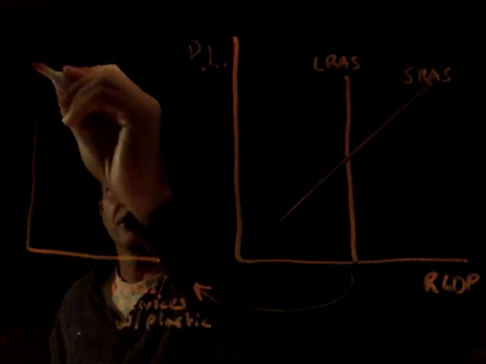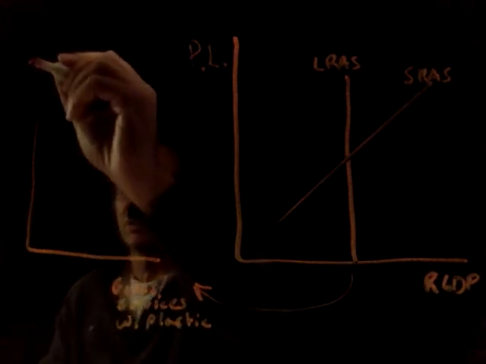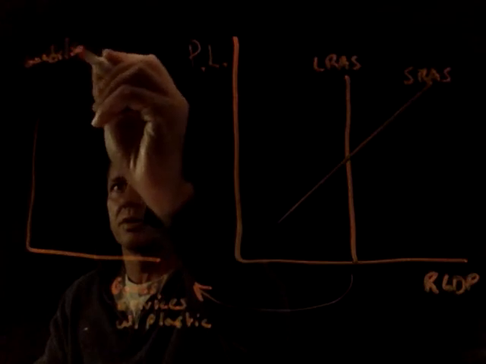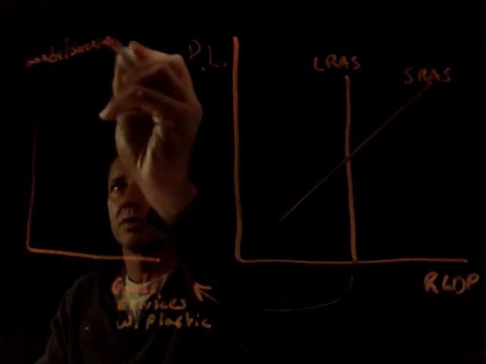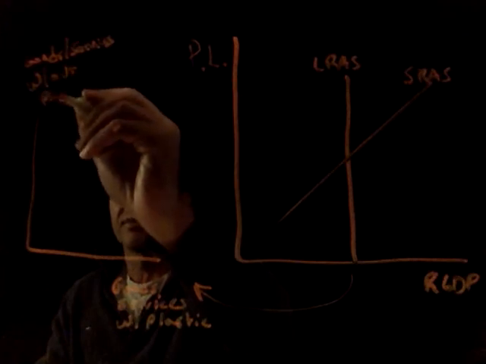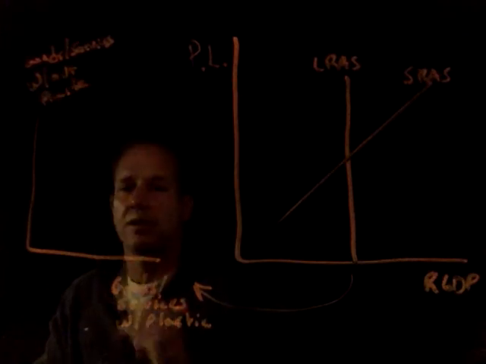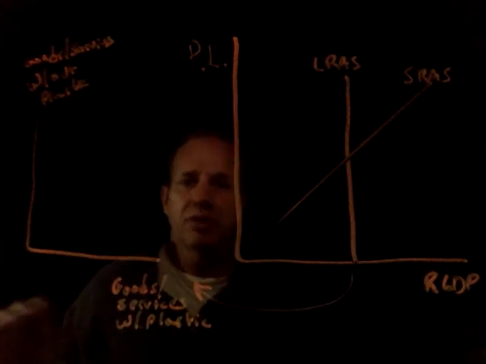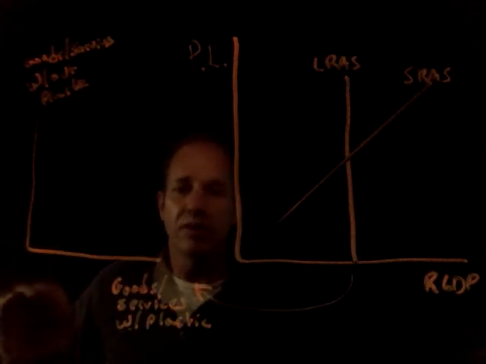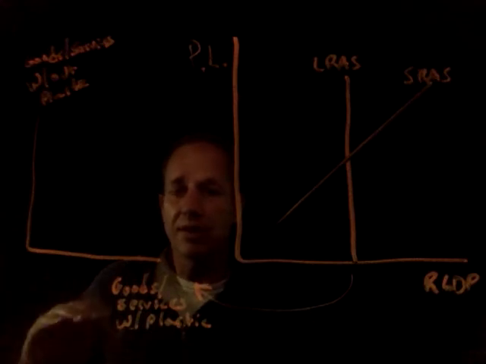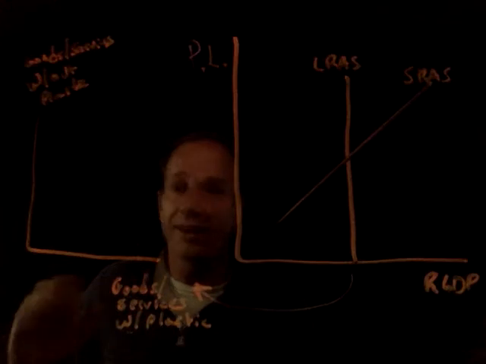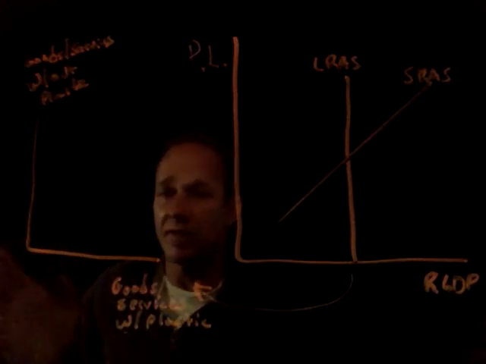Up here I'm going to say goods or services without plastic. Well, goods or services with plastic versus goods or services without plastic. If you can think of a good or service that neither has plastic nor does not have plastic, I'd like to know about that. I think everything either has plastic or it doesn't have plastic.